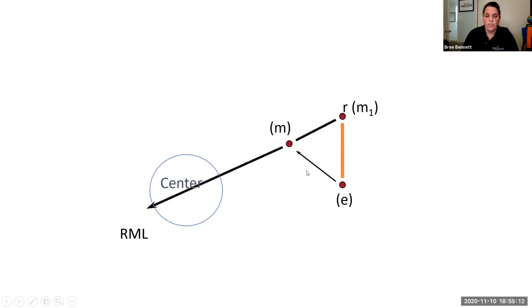Okay, so here's a little symbol or a little diagram. So we have R to M. Our heading is due north. So we have E to R is our own ship. E to M is them. So if I want to change my relative motion line, so it's not going through my center, I create a point of execution.